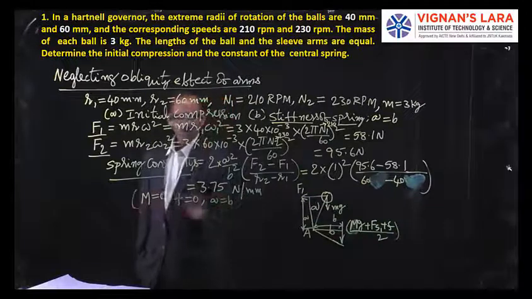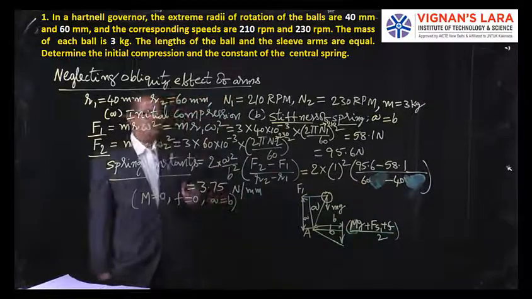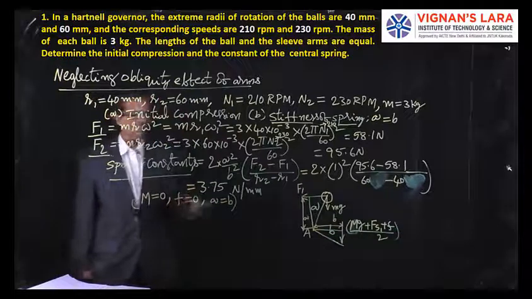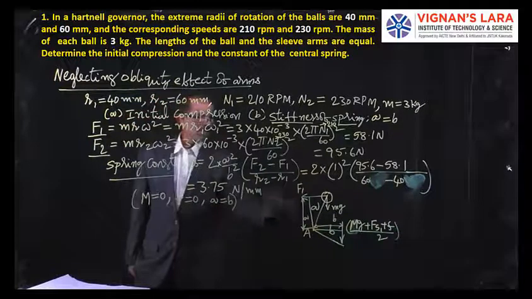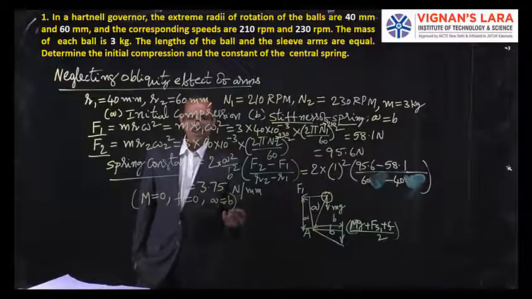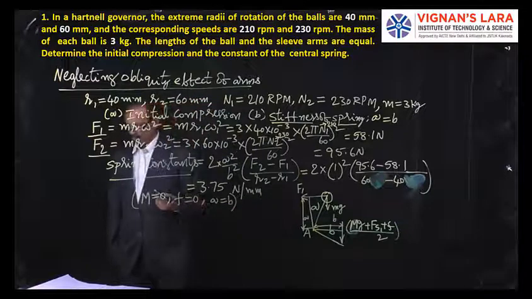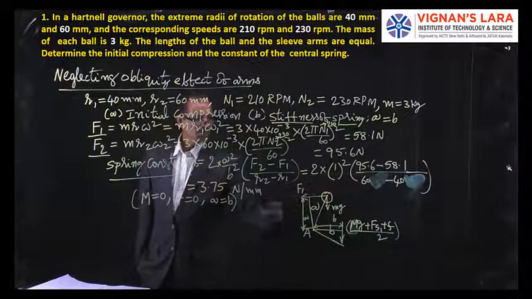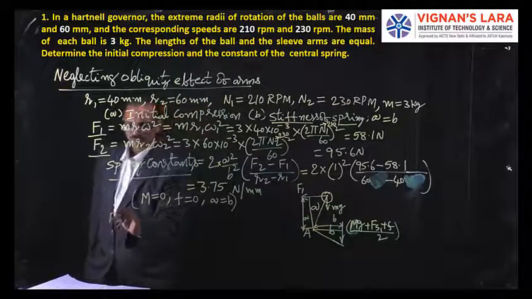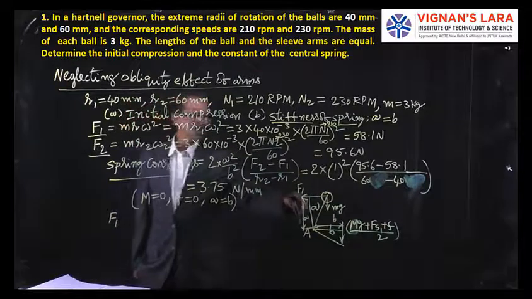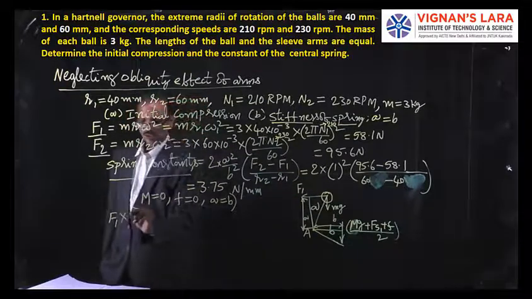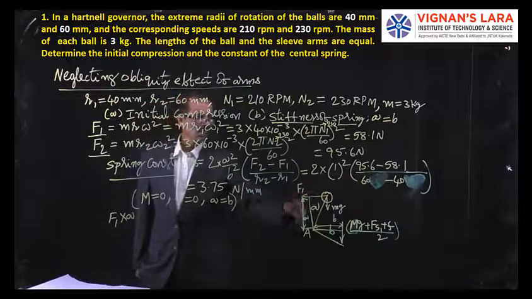So based upon this information, let me take the moments about A and write the equilibrium equation. What is it? This is F1, and what is its perpendicular distance? A, which is causing an anti-clockwise moment. I will take it as positive.